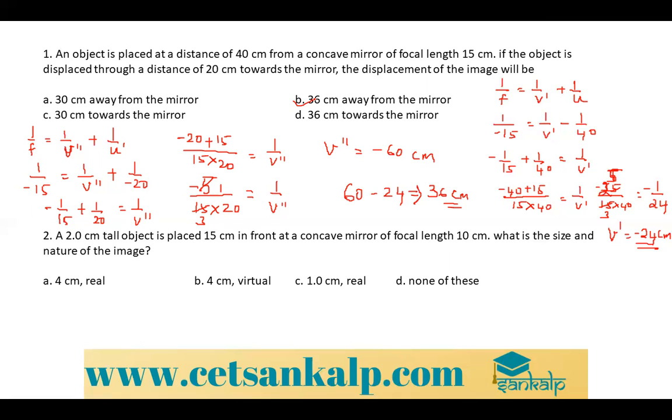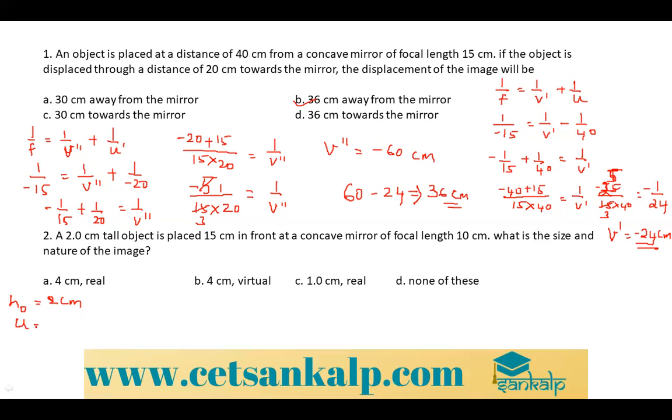Done. Okay. Next question, look. Next problem. A 2 centimeter tall object. So what is given? HO is 2 centimeter. Is placed 15 centimeters.